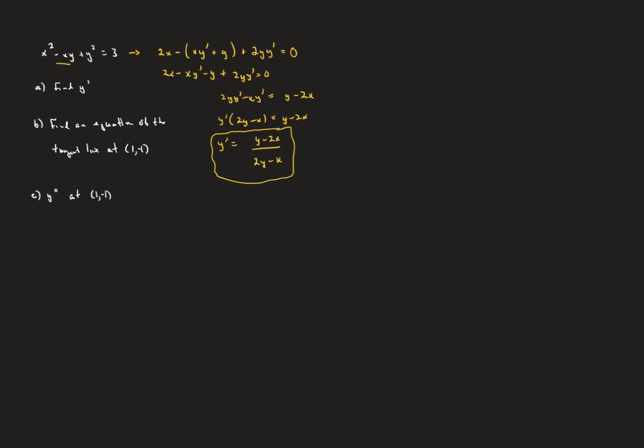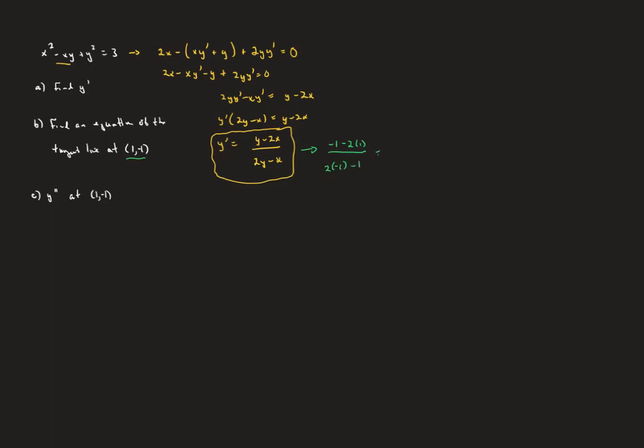So now, to answer part B, to find an equation of a tangent line, we need a point, which we have, and we need the slope, which is going to come from here when we plug in 1 for x and negative 1 for y. So that's going to look like negative 1 minus 2 times 1 over 2 times negative 1 minus 1.